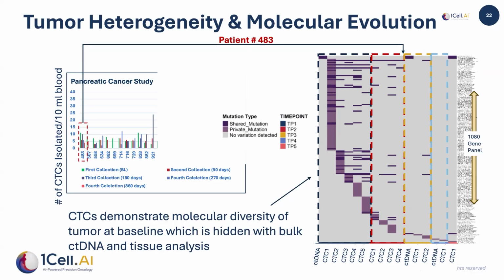And so CTCs demonstrate molecular diversity of the tumor at the baseline, which is hidden with bulk ctDNA and tissue analysis. CTCs allow you to follow that on a regular basis and see what is happening at a single cell level as the cancer progresses. So they're important at baseline, and they're important through the life cycle of that cancer.